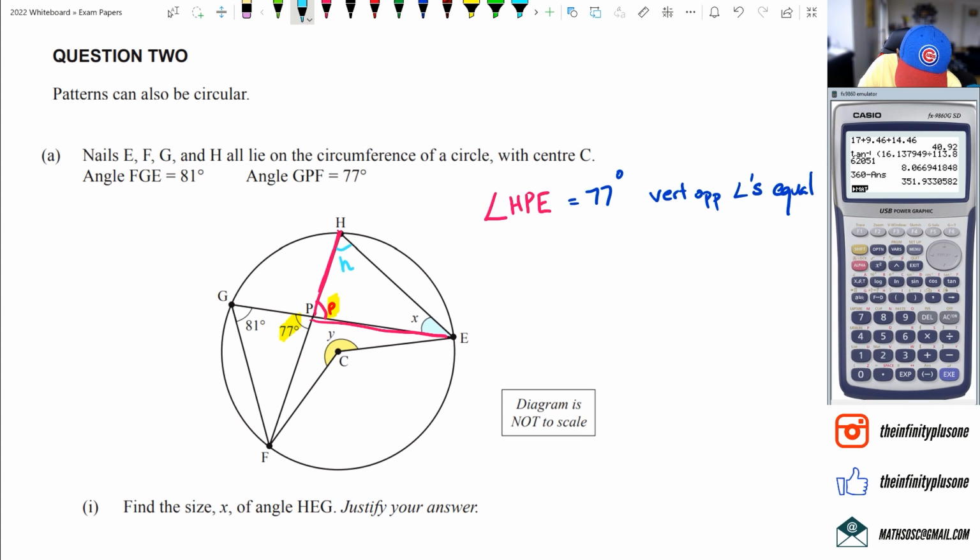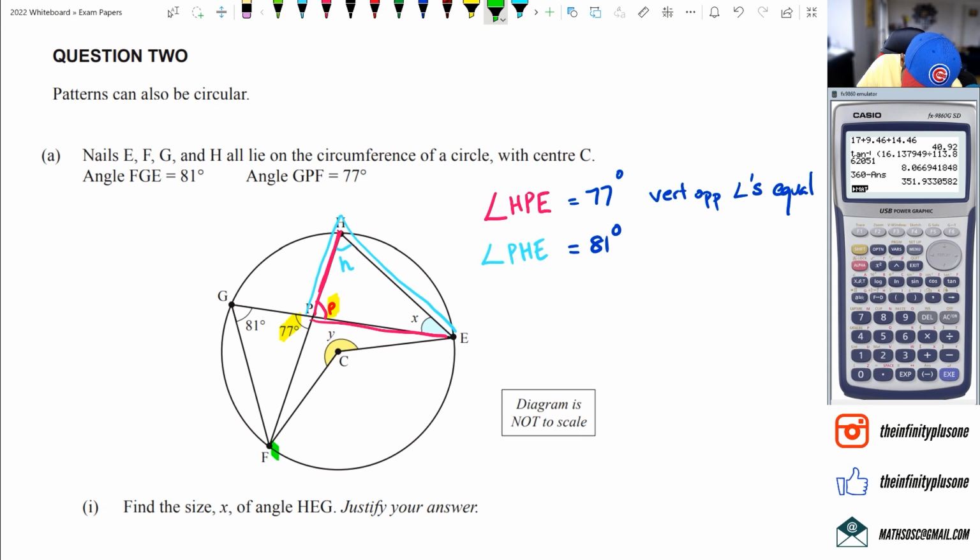All right, next angle I'm going to work out is angle H, or PHE, which is going to be this. Yep, so PHE, I can see that this is equal to 81 degrees. And the reason it's 81 degrees is because it's angles in the same arc.